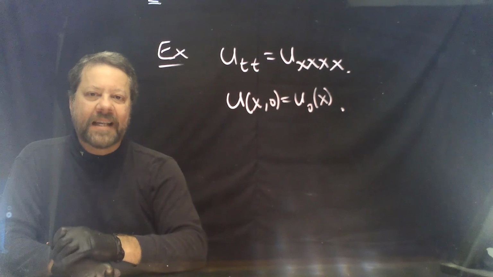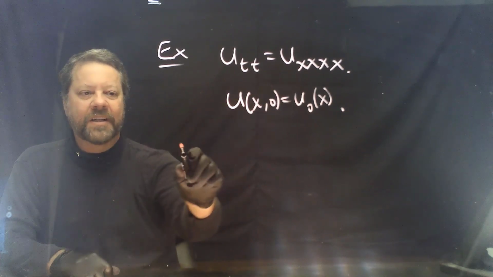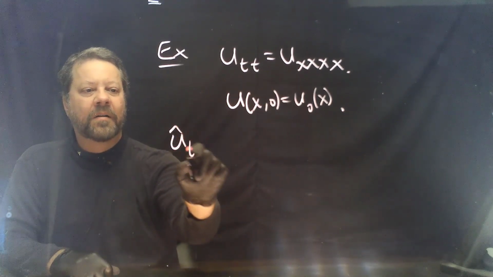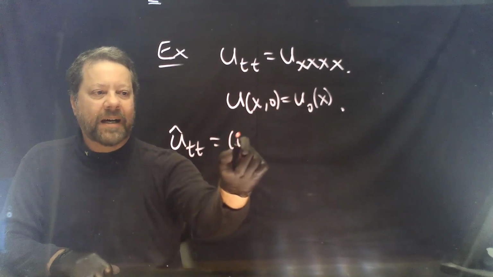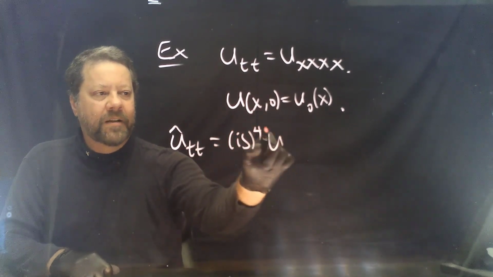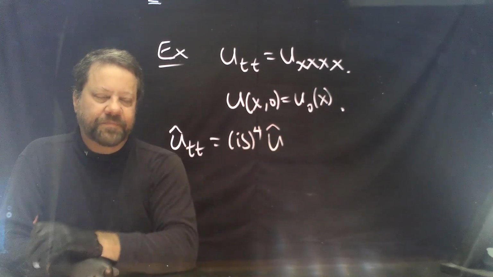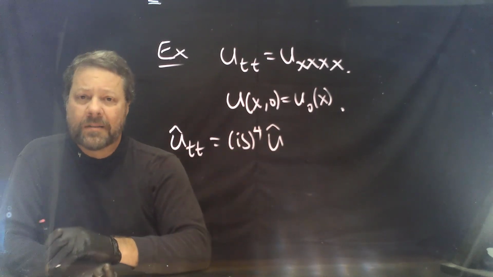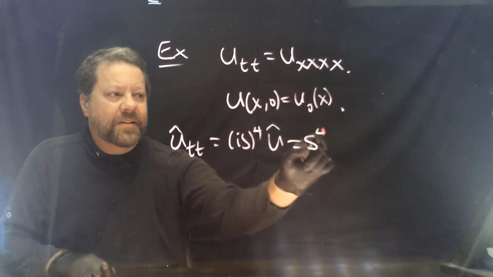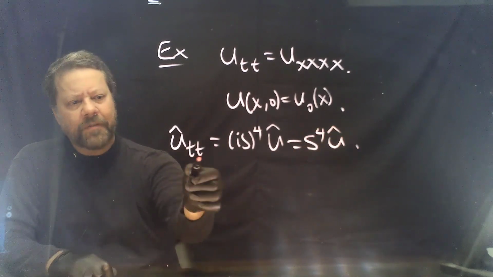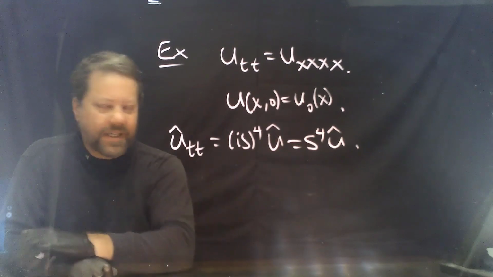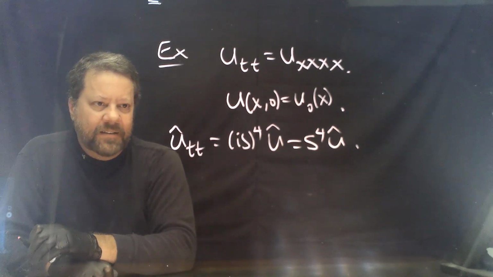With some initial data, applying the Fourier transform, we're looking for a function with second order derivative equal to i to the fourth times itself. I to the fourth is 1. And so this is s to the fourth u hat. So we're looking for a function with second order derivative equal to s to the fourth times itself.